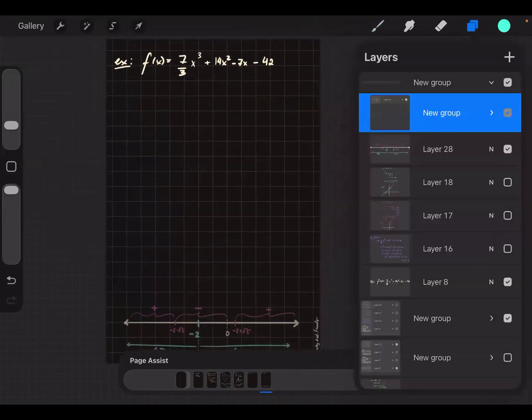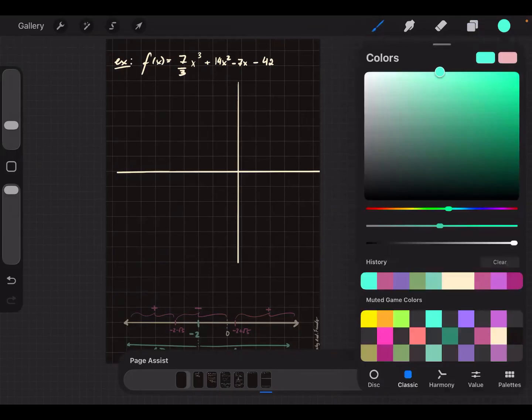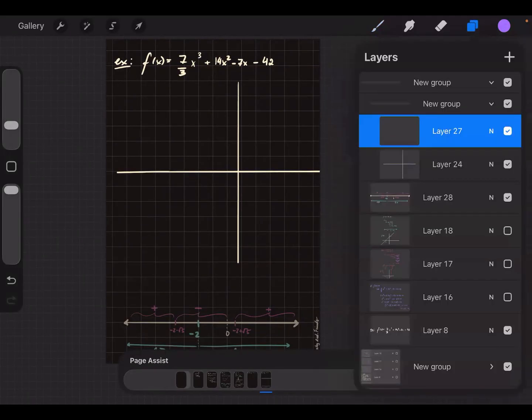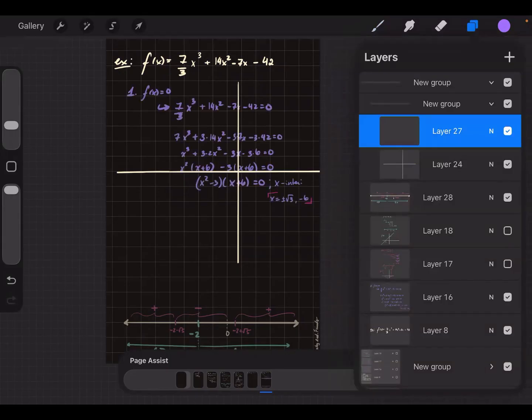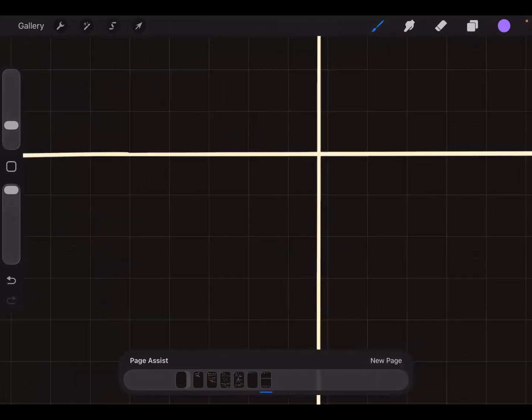Okay, so let's say that's our graph. Let's put in some values. Let's talk about intercepts. We know that we have an x-intercept based off of part 1 at positive negative root 3. So let's put negative root 3, which is a little bit more negative than -1, right here.